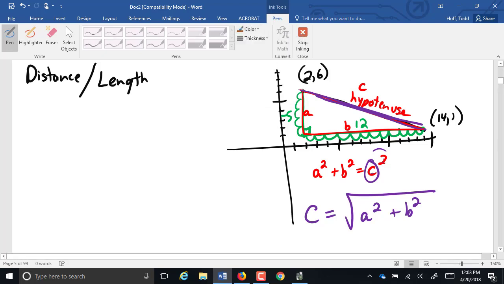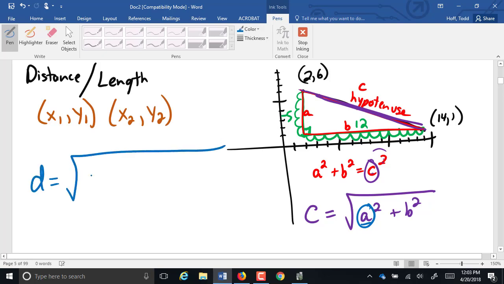Now going back to our formulas, if I have point x1, y1, and point x2, y2, A is just the rise. So our distance, or our length, is equal to A. I'm going to put B first, the run first, just because that's the way I'm used to seeing the formula.